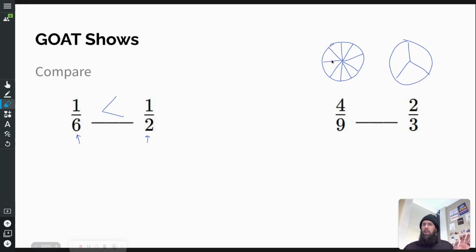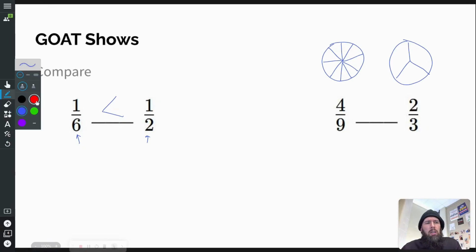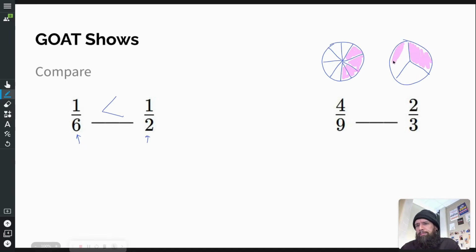That's okay. I'm okay with it. Let's shade 4 of these: 1, 2, 3, 4. And let's shade 2 of these, and it's not even close.